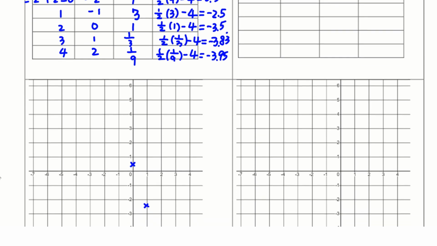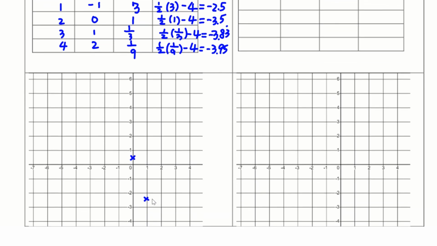Then x equals 2, y equals -3.5, x equals 3, y is 3.95. And before we had the horizontal asymptote y equals 0, now it is shifted down.